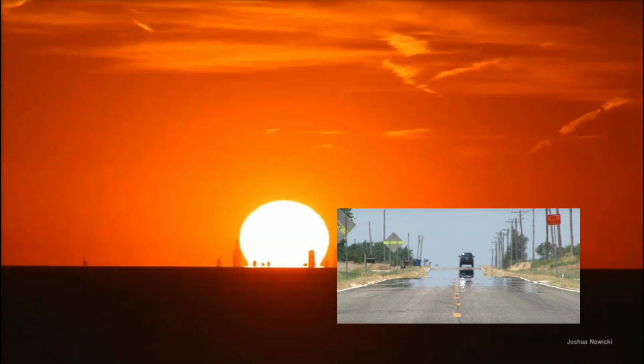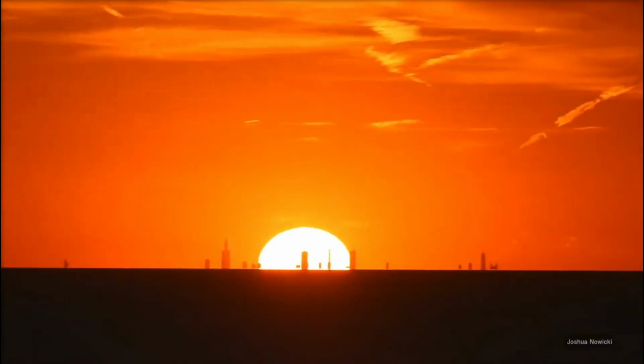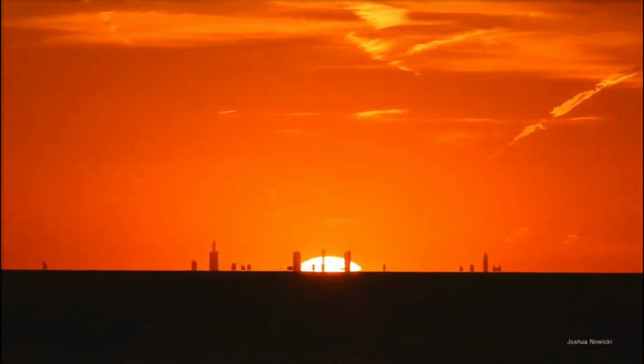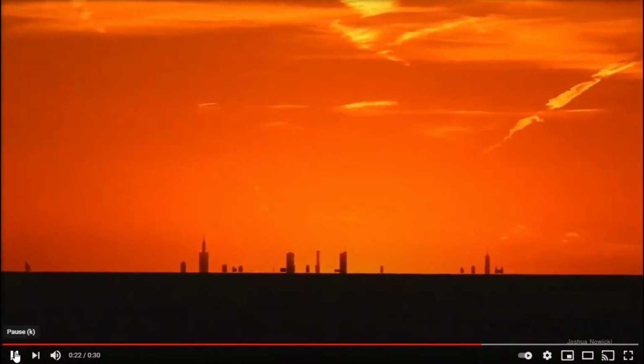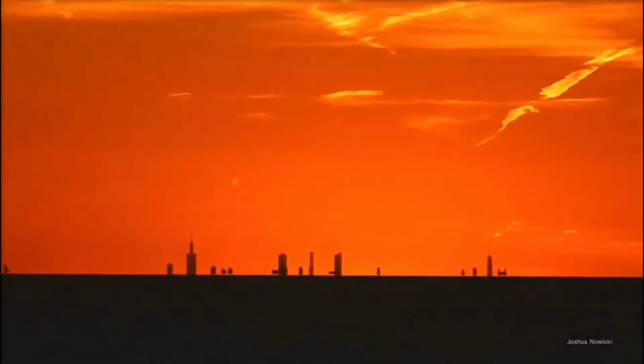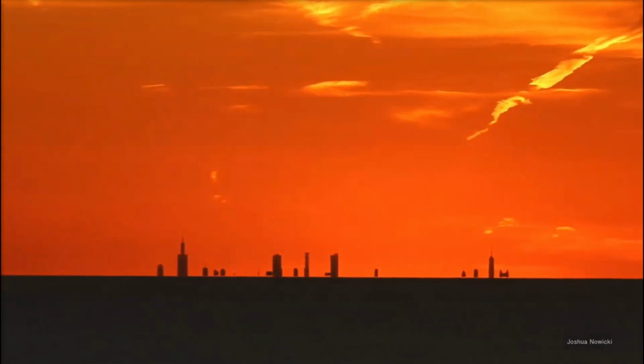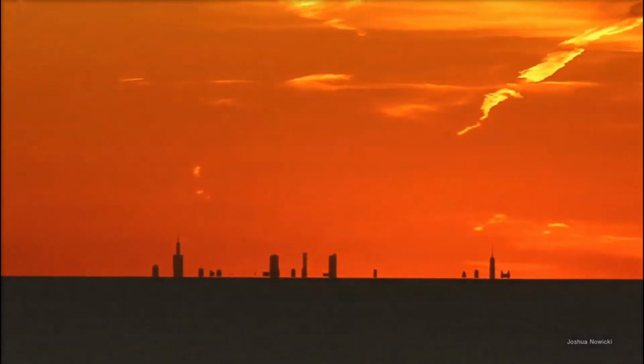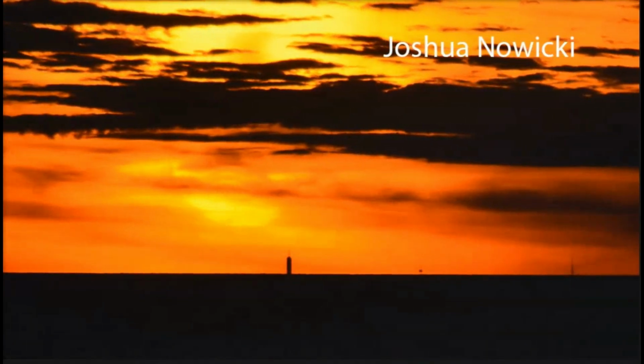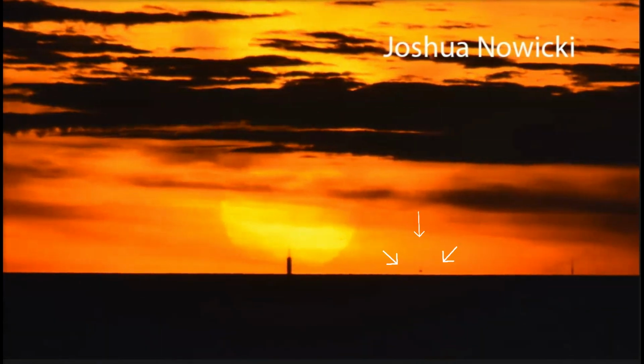That's upward refraction. Good luck with that one, globe earthers. Now just look at these little tiny buildings seemingly just floating in the air. And here we are in October of 2015 with another seemingly floating building.